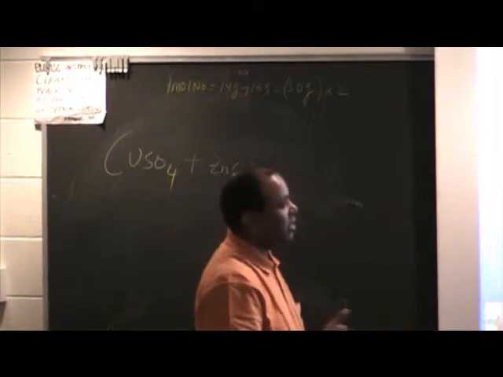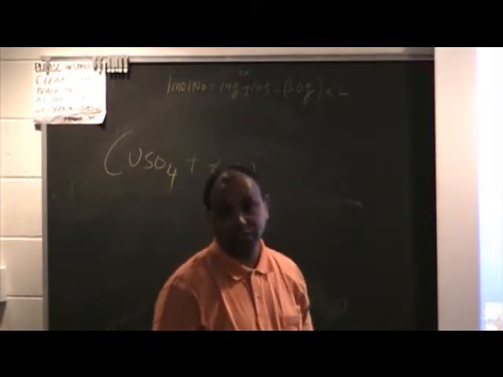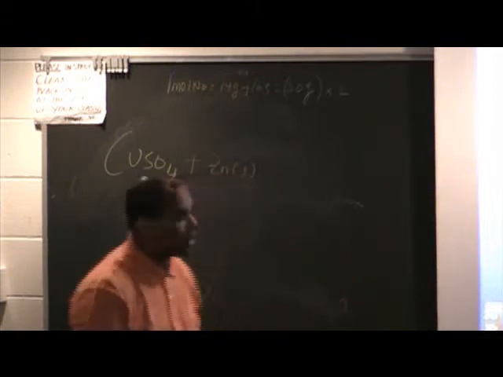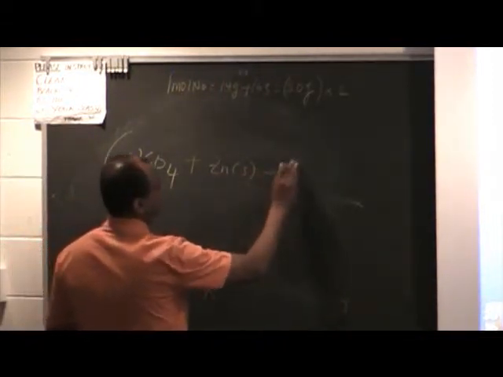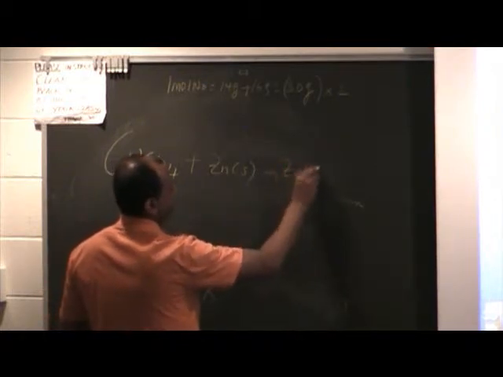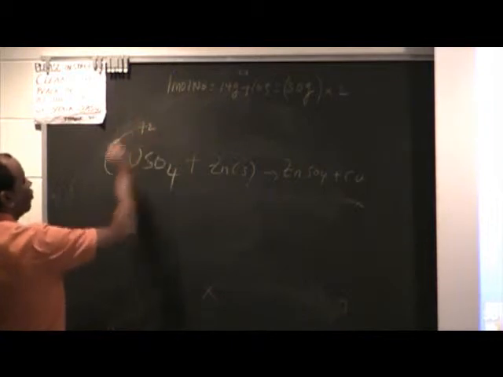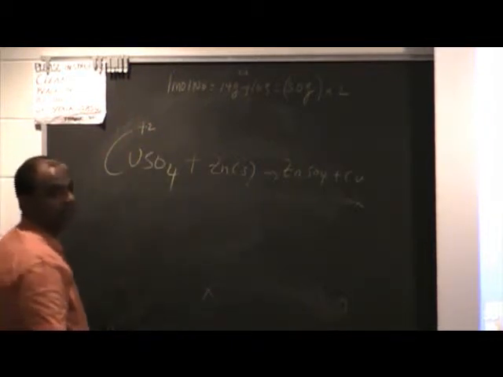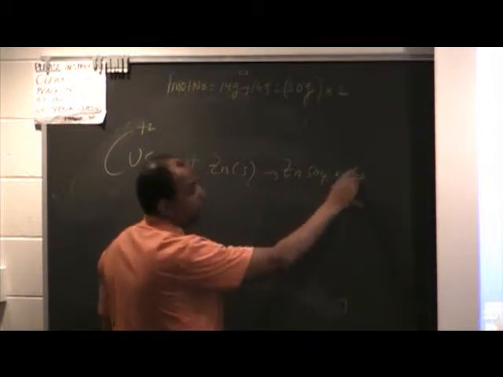Okay? Then there is an oxidation and reduction reaction. There is a redox reaction. What's happening is that copper has a charge of +2 here, right? And copper is going to be replaced by zinc.